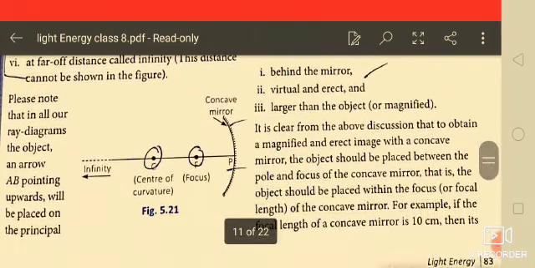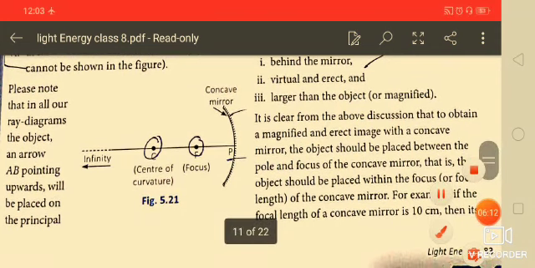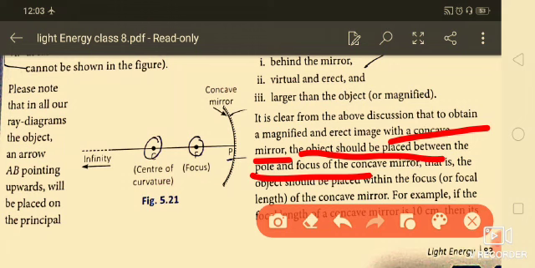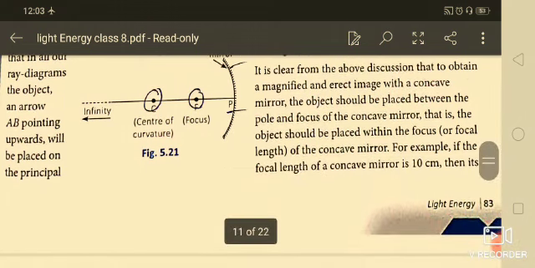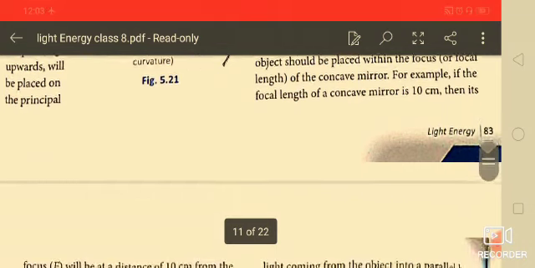It is clear from the above discussion that to obtain a magnified and erect image with a concave mirror, the object should be placed between the pole and focus, that is, within the focus of the concave mirror.